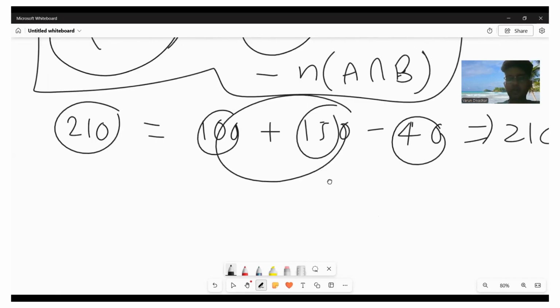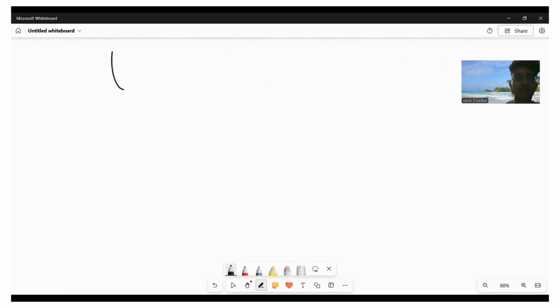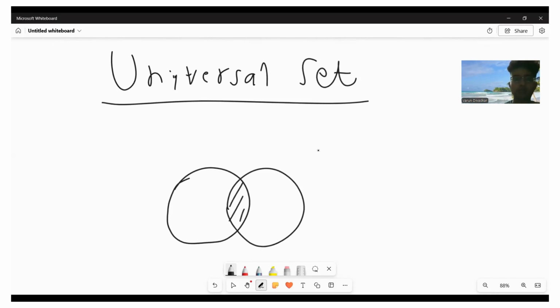So let's cover another concept called as universal set. So what is a universal set? Let's say you have the same terrestrial animals, you have the aquatic animals, and then you have the amphibians here, right?